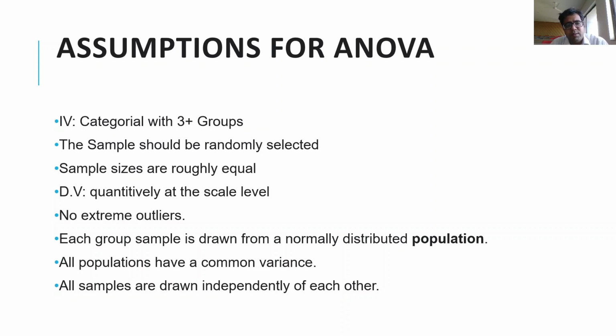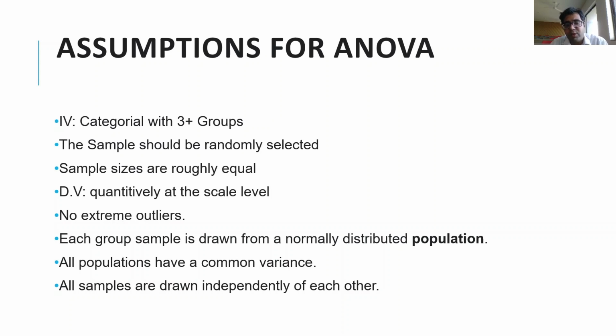First, our independent variable should be categorical. That is, our groups should be 3 or more. The sample should be randomly selected. This is the most important thing. Whenever you select the samples, they should be randomly selected, and normality can be found.